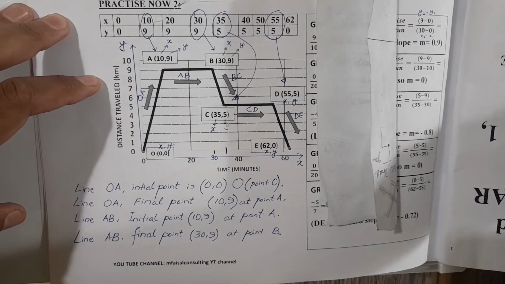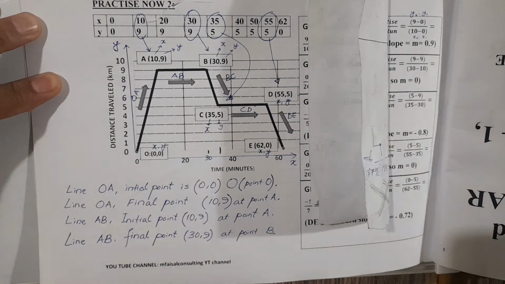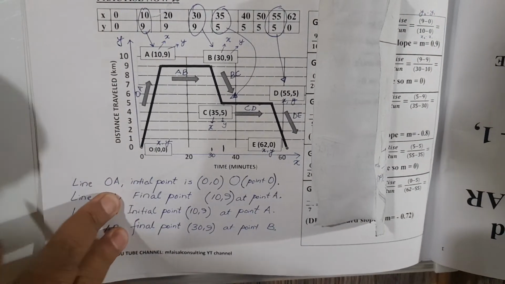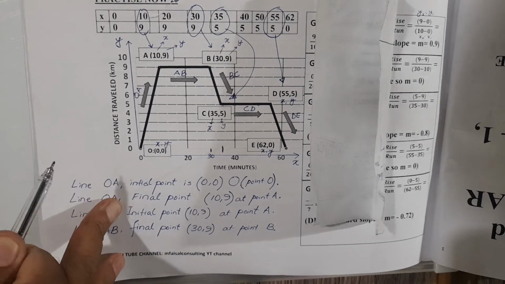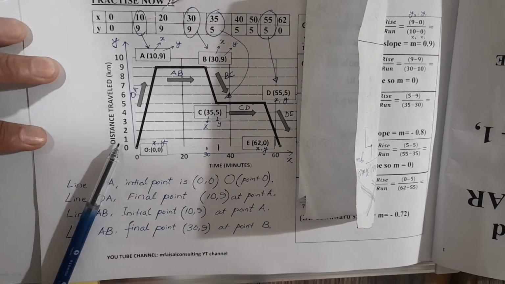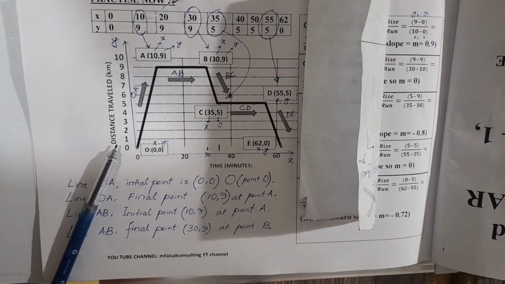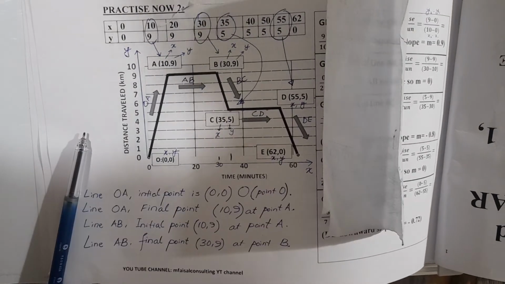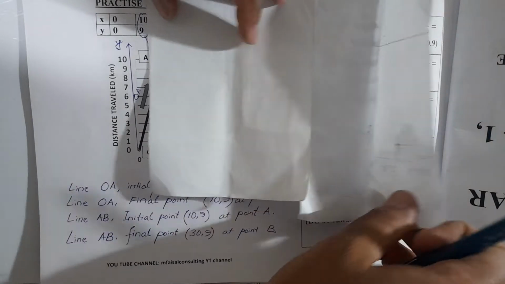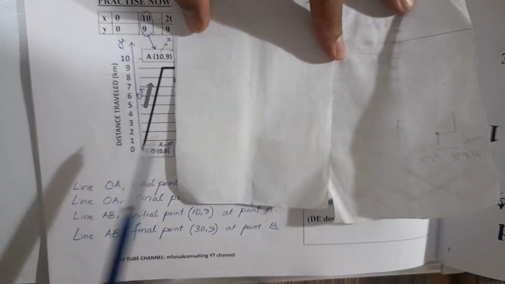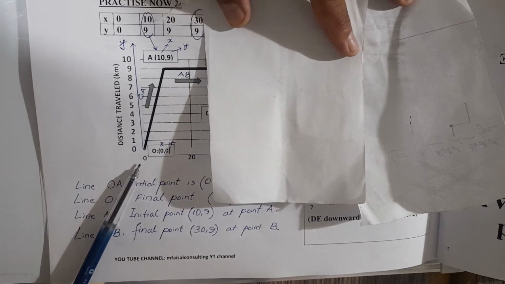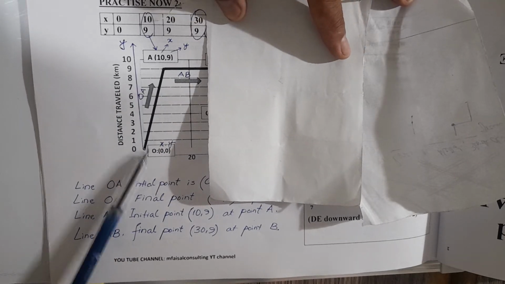Now coming to practice now 2, chapter 1. As we have studied earlier, in this problem we have to find the gradient of different lines. First, we will be considering the line OA.